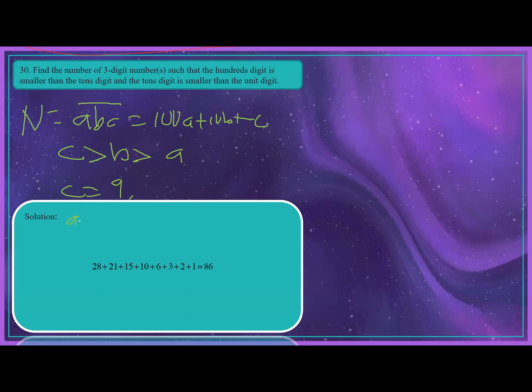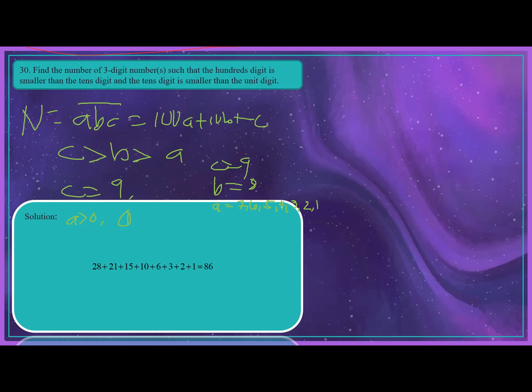And also A should be greater than 0, so A should start with 1. If C is 9, B is 8, and A would be 7, 6, 5, 4, 3, 2, 1.